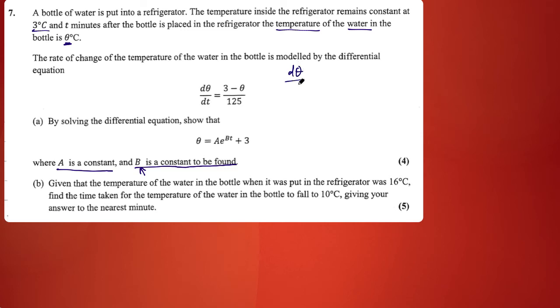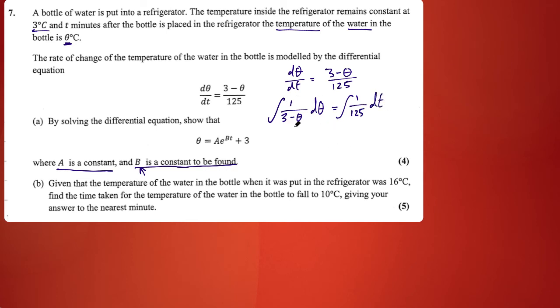If d theta by dt equals 3 minus theta over 125, we want everything involving theta on the left-hand side and everything not involving theta on the right-hand side. And I'm going to integrate both of those, so that means that dividing by 3 minus theta puts it there. Integrating that side with respect to theta is equal to the integral of 1 over 125, leaving it where it is on that side with respect to t.